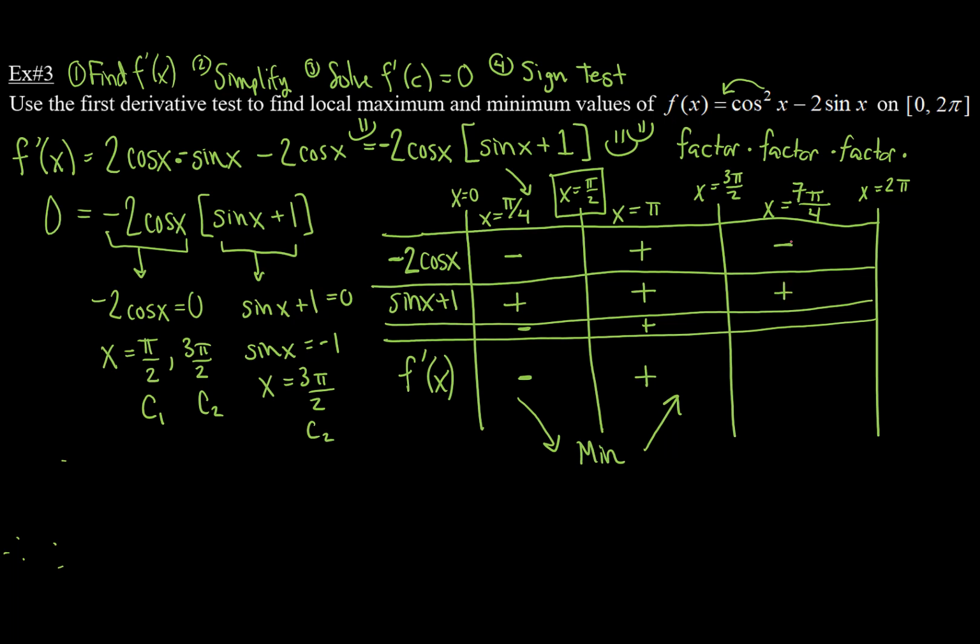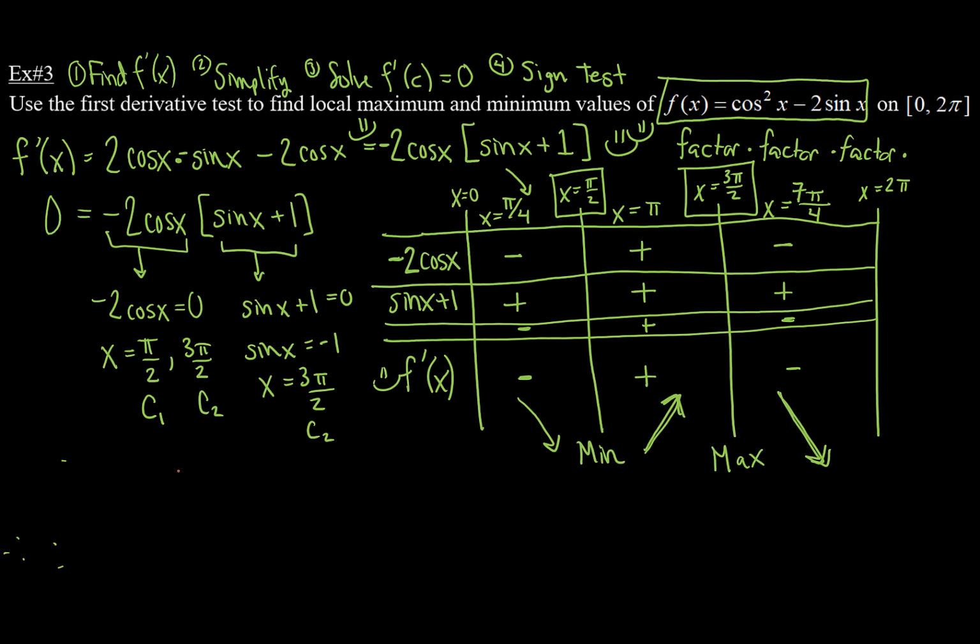And then the cumulative effect of positive times negative is going to give me negative. But I can also just take 7 pi over 4 and plug it into my first derivative, the whole thing together. I can see that that's going to give me negative. If that's negative, that means that the derivative is decreasing. And so over here at x equals 3 pi over 2, I'm going from increasing to decreasing. So that means that this is a maximum.